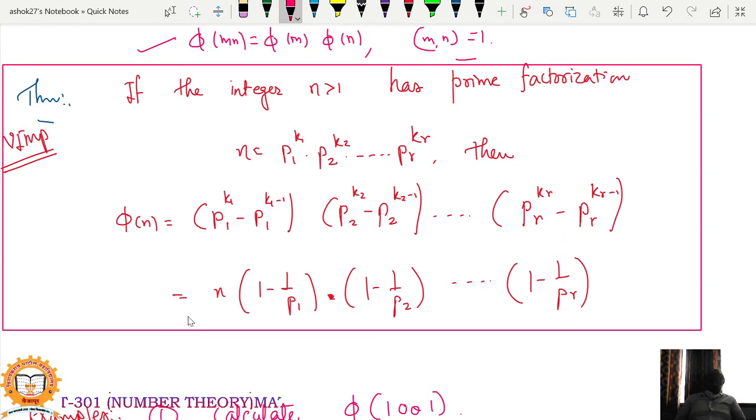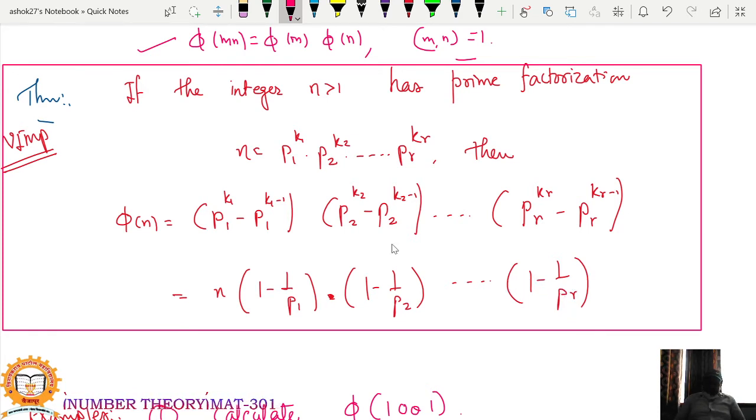That is also equal to, taking p1 raised to k1, p2 raised to k2, pr raised to kr common from each term, p1 raised to k1 into p2 raised to k2 up to pr raised to kr, which is nothing but n, and what remains in each bracket is 1 minus 1 upon p1, in the second bracket 1 minus 1 upon p2, up to the last bracket, 1 minus 1 upon pr.